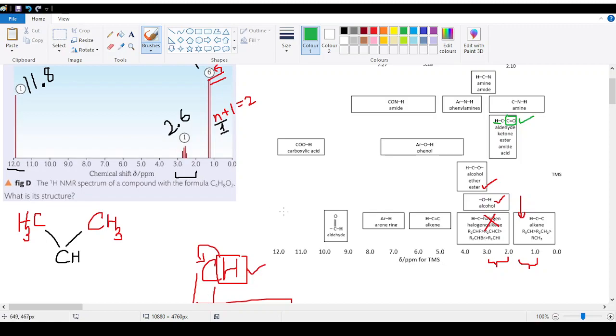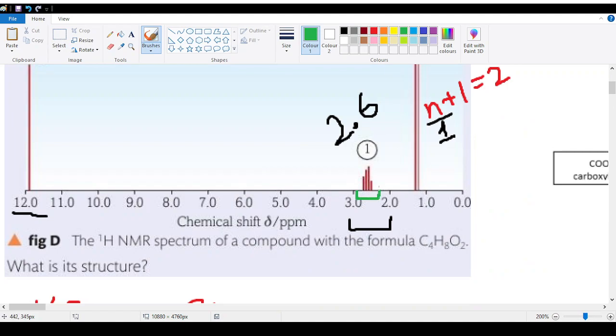Also, what type of peak is this? Singlet, doublet, triplet, quartet? The peak at 2.6, what type of peak does it look like? It's a quartet, yes. So that means n plus 1 was 4, yes? So how much was n?